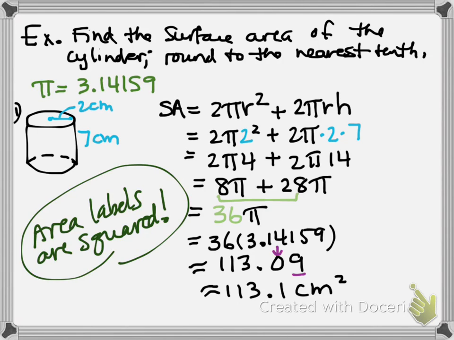Okay, so make sure you remember that. I saw a lot of people wrote squared areas on volume. Volume is cubed. Okay, so you got to remember that. So that would be your answer.